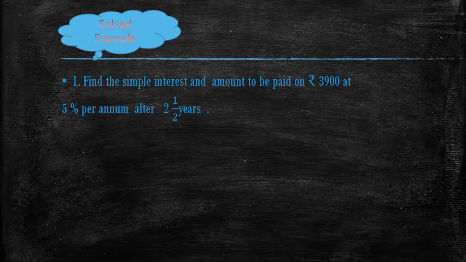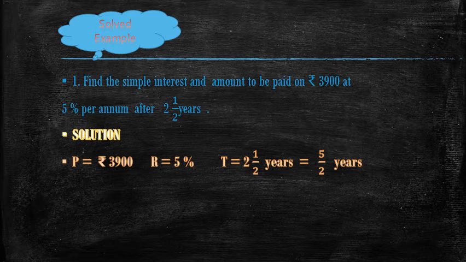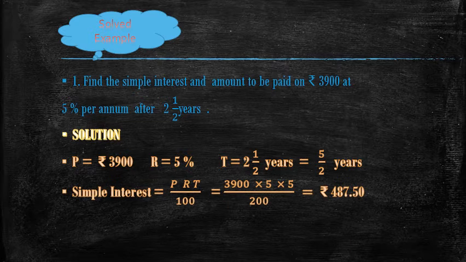The principal amount is given, the rate is given, and also the time period is given. Let's see. P equals rupees 3,900, R equals 5%, T equals 2 and 1 by 2 years, which is same as 5 by 2 years. Simple interest is calculated using the formula PRT by 100.